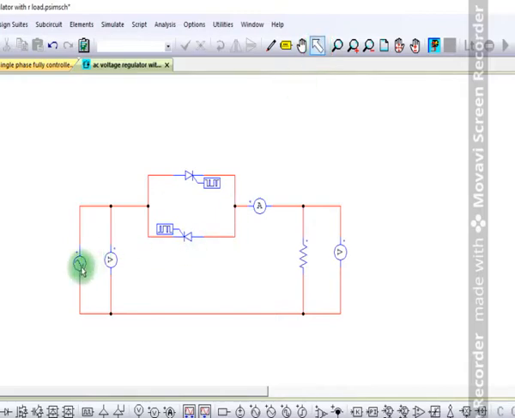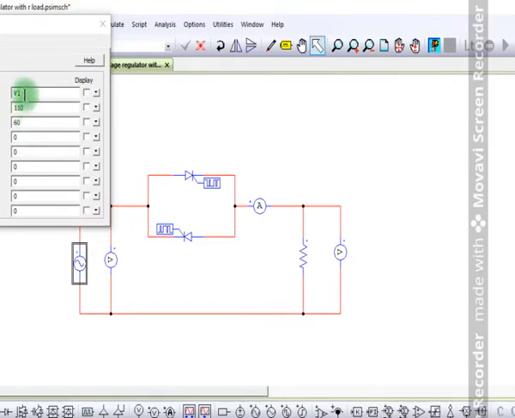So again, as usual, we will put in the values as per the ratings. So the input voltage, we will mention it as input source, and then the voltage is 230 volt.